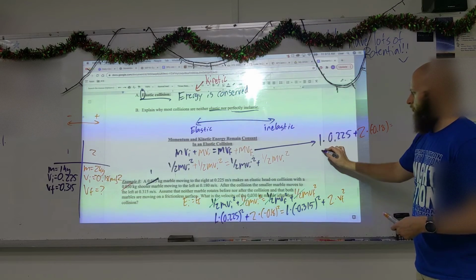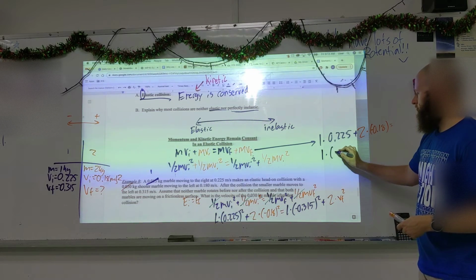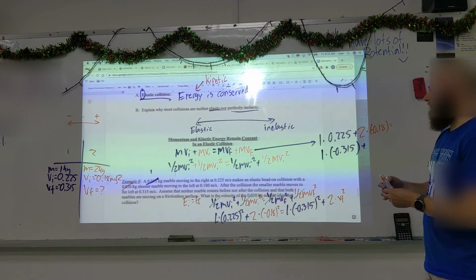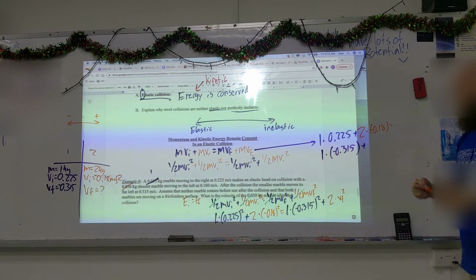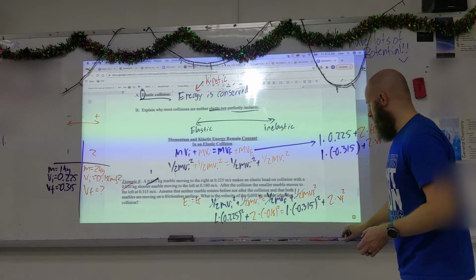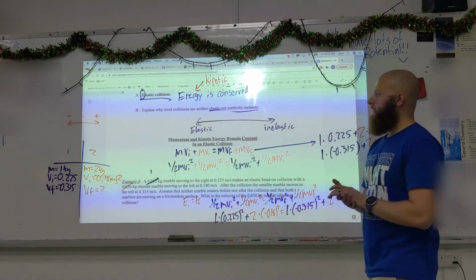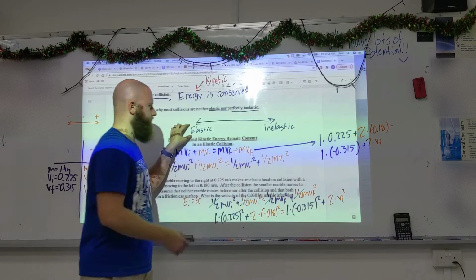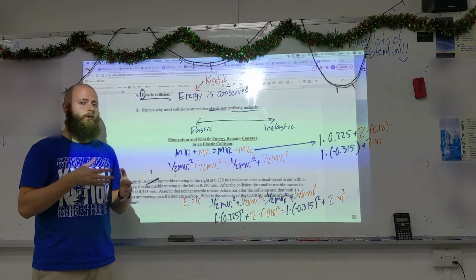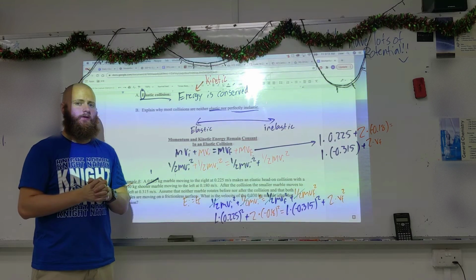Then I have 1 times negative 0.315 plus 2 times vf, okay? Both of these equations should give you the same answer. Elastic gives you the ability to get more information about what's happening, right? So now we know that the kinetic energy is conserved.